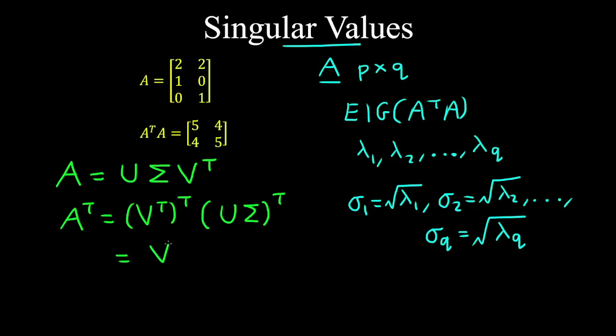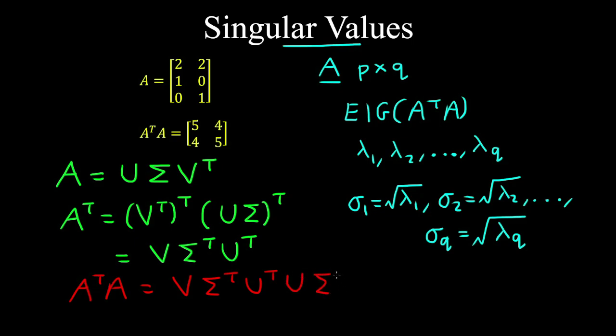So that will be equal to V by the transpose of sigma by U transpose. And now if we multiply A transpose by A, we get V sigma transpose by U transpose by U by sigma by V transpose.